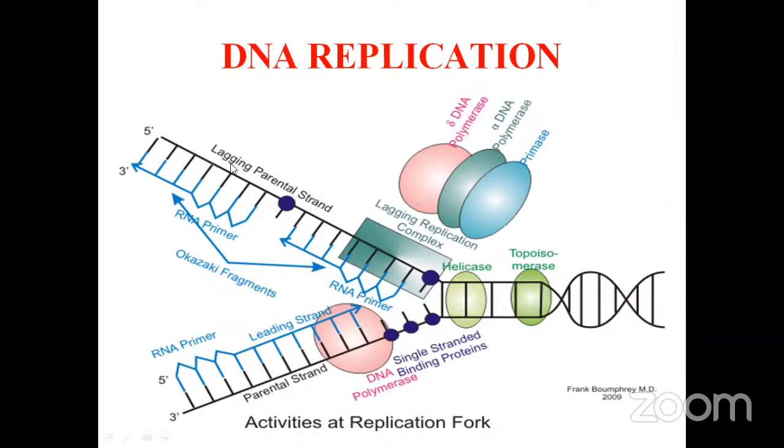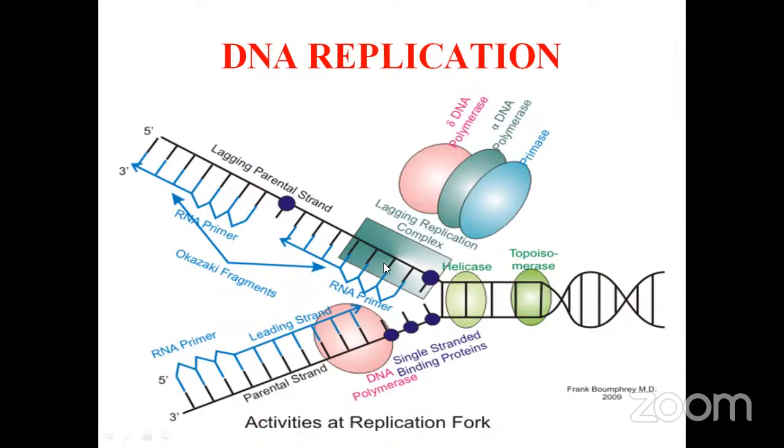Are you following the marker? Yes, sir. This is a parental strand and this is a parental strand. One parental strand has the 3' end here and the 5' end there. Already told you the RNA primer always attaches at the 3' end. Here is the 3' end, but this is the 5' end. Where is the 3' end here?